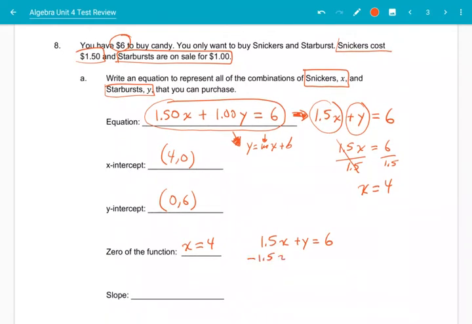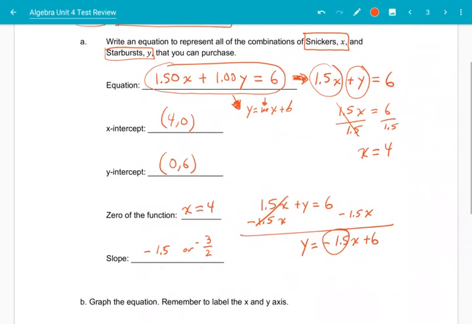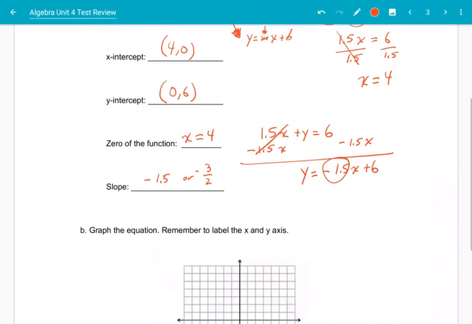Goes away. Y equals minus 1.5x plus 6. And looky there, there's the slope. Minus 1.5 or minus 3 halves. That's the slope.